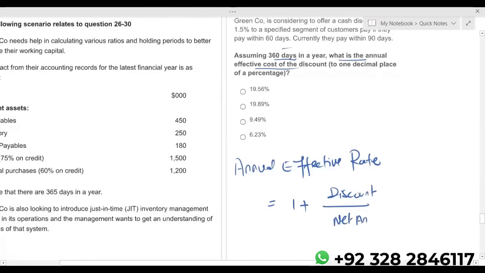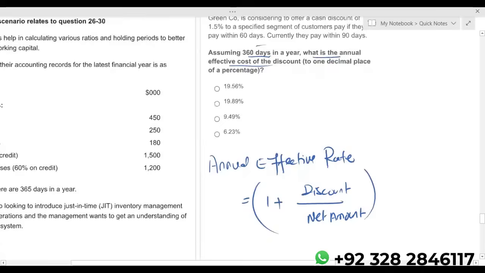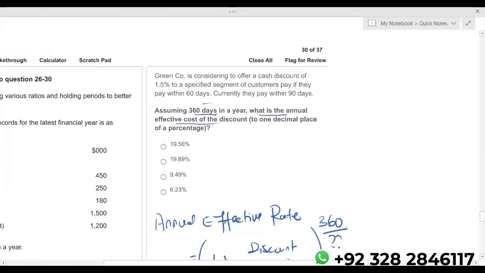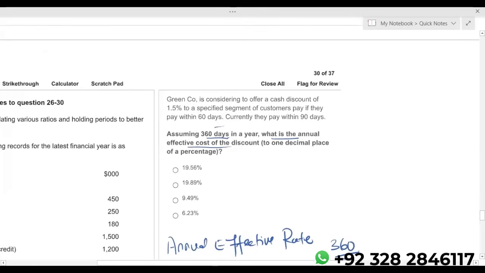Net amount means after discount. Then just take the number of days which the examiner has given, divided by, I'll tell you, divided by what? Minus 1. Then whatever comes, multiply by the percentage. We are calculating the effective cost of the discount.